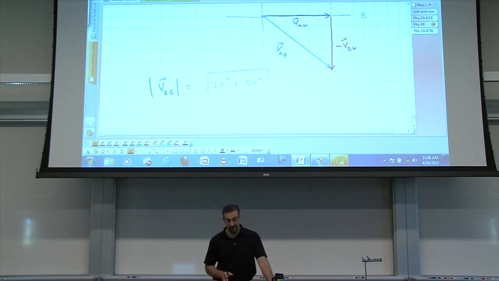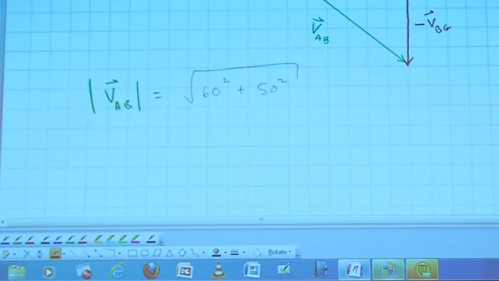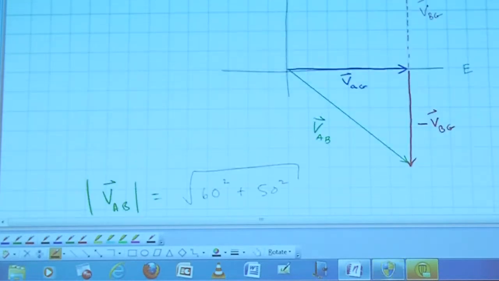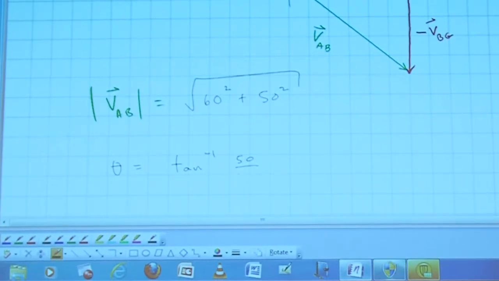So that's the magnitude. And the angle, I'll draw it here. Let's call that theta. Is the inverse tangent of 50 over 60. Whatever that is.